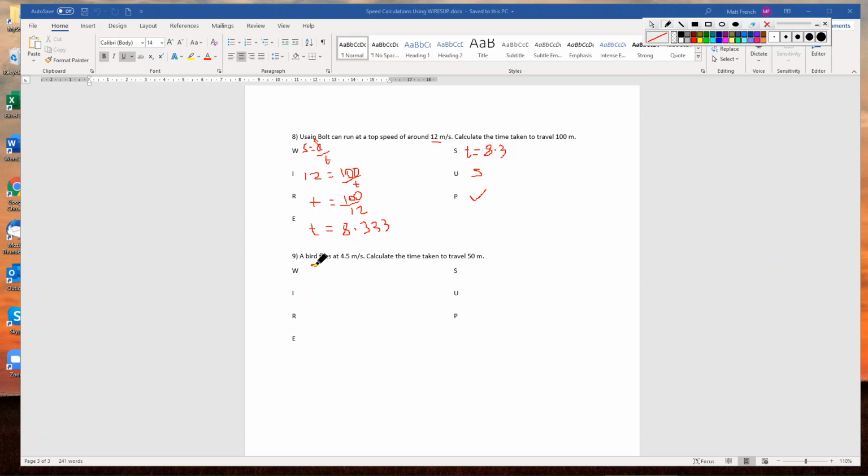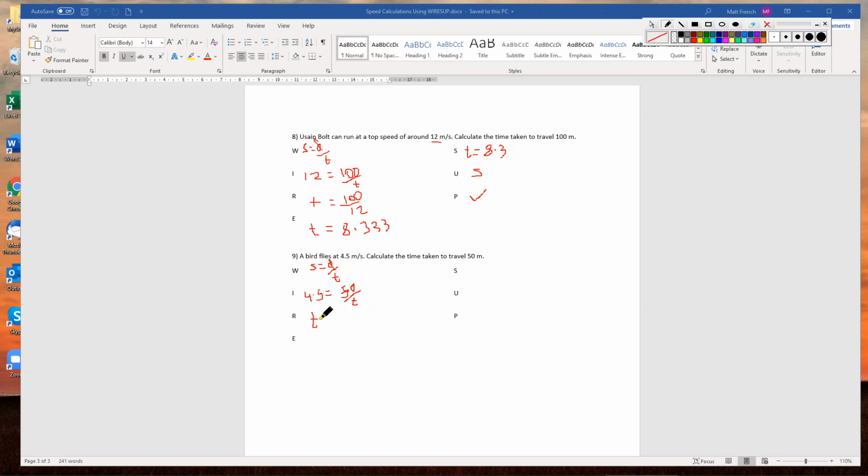Final one, we're asked for the time taken for a bird to fly a certain distance. So we've got a speed of 4.5 meters per second. We've got a distance of 50 meters. And we've got our time that we're being asked to find.